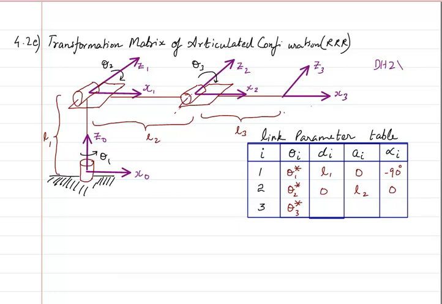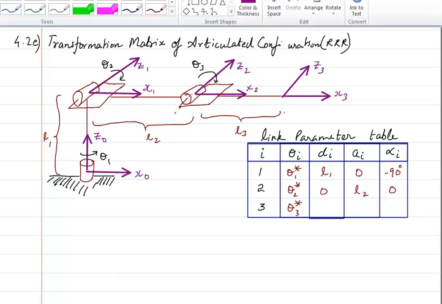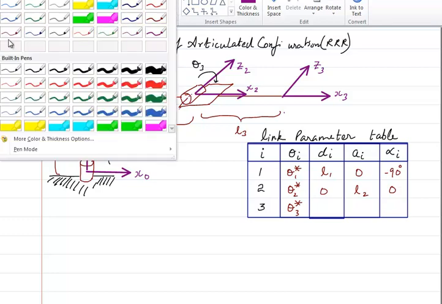Now if I look, x3 is going to intersect z2, that is the previous z-axis, at this particular point. So this choice of axis is very correct. Now the DH2 condition is satisfied, so we don't have to worry. Now if I am going to write the last row based on that, let me select the pen.